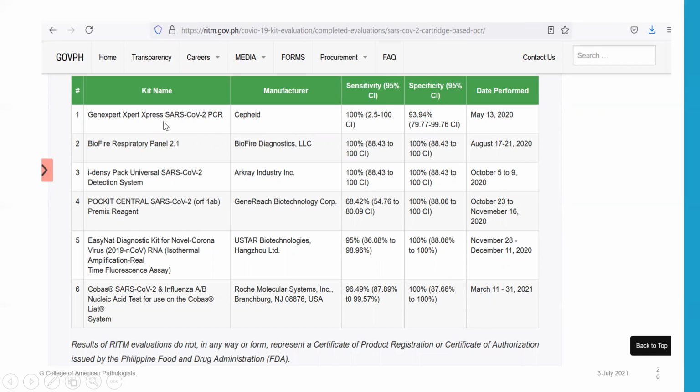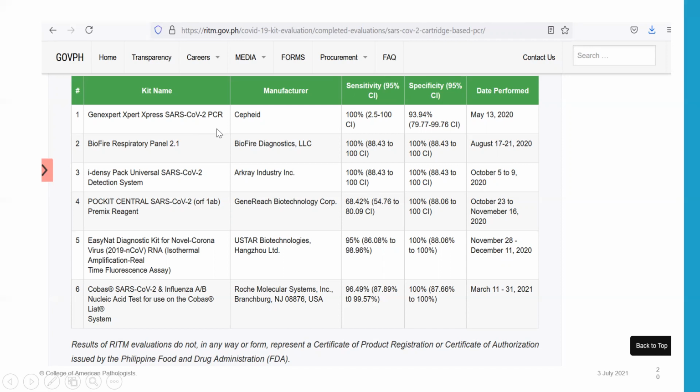And we know that the GeneXpert, unlike the plate-based, has a cartridge, and depending on the machine, you can run a 4-cartridge or 6-cartridge machine. The GeneXpert platform has been used for quite some time for the TB program, and it was also easily converted to SARS-CoV testing.